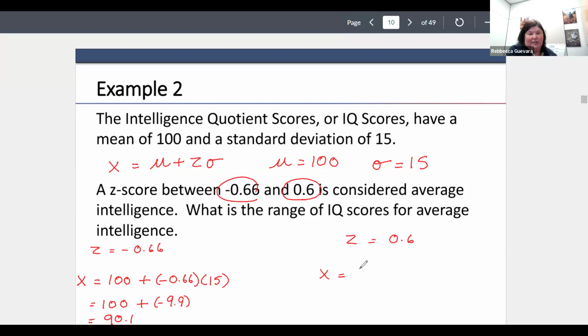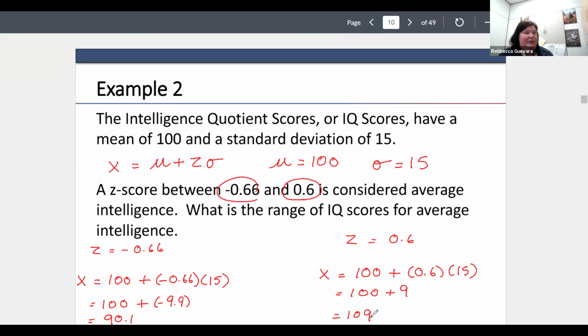So that is x equals 100 plus 0.6 times 15. And this is going to give me not quite 109, so that's about 109. So depending on where you're looking at scores, sometimes they actually use full standard deviations.